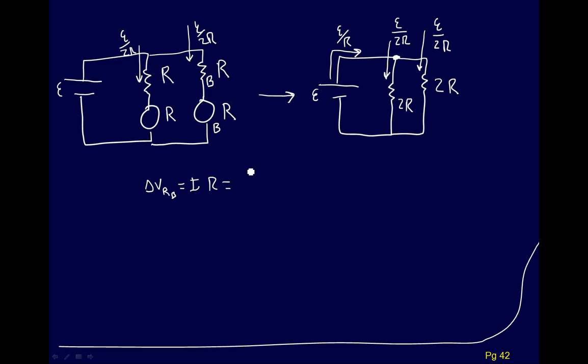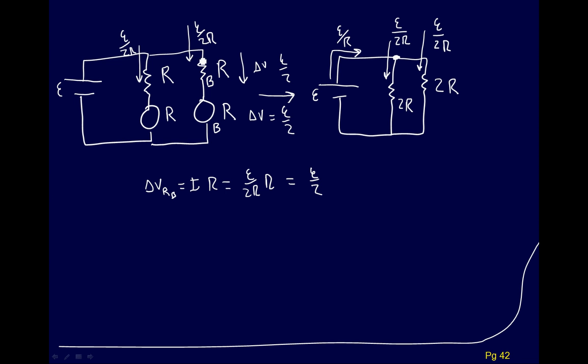Well, the current there is epsilon over 2R times R, and so it's half of epsilon. So basically the voltage drop here, delta V, is half of epsilon. I do the same thing over here, and so this voltage drop is also half of epsilon.